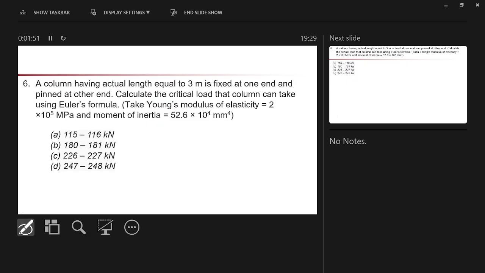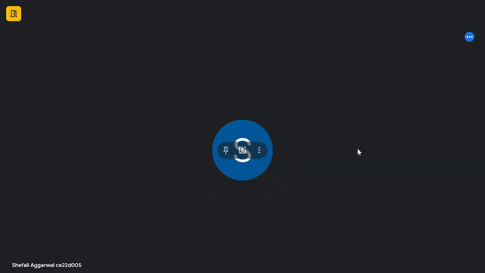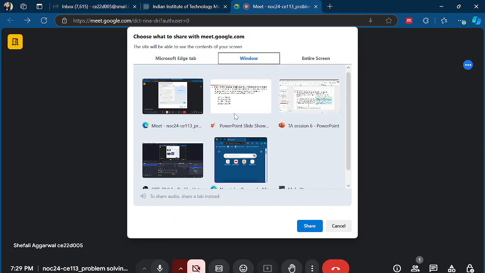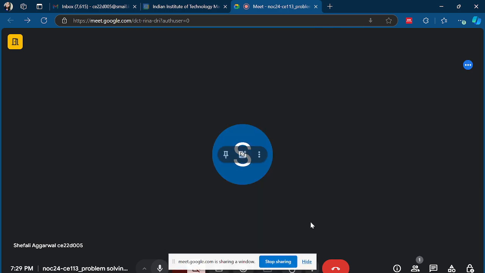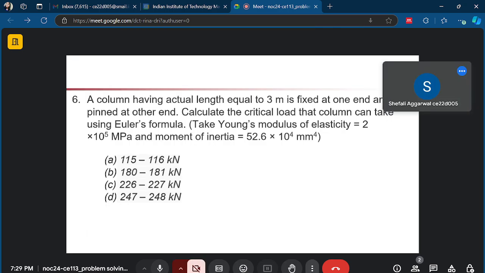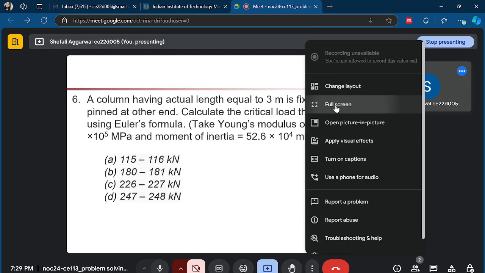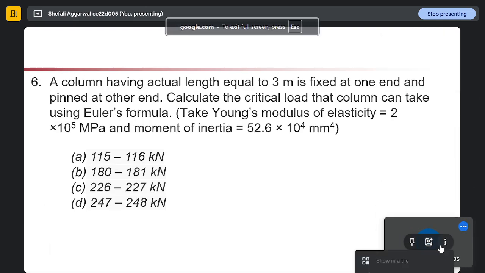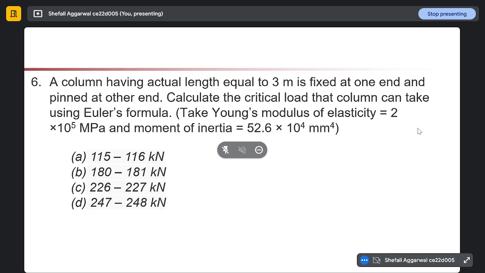The next question is a numerical type question.